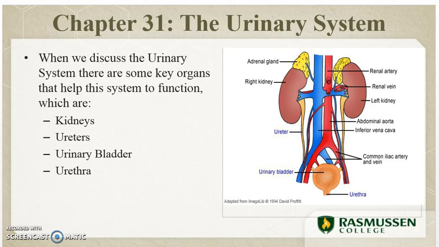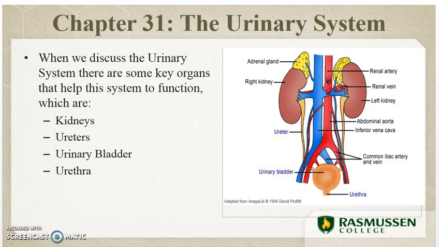The internal structure of the kidneys is separated into two parts as well, the renal cortex and the renal medulla. The renal cortex is soft and dense and is considered the outer layer of the inner part of the kidney. The renal medulla is found deep within the kidney and it forms the renal pyramids.